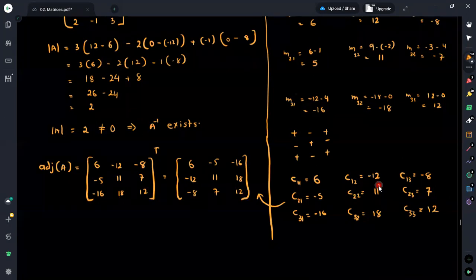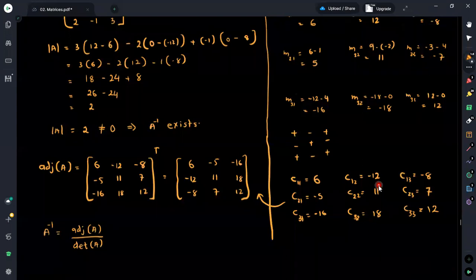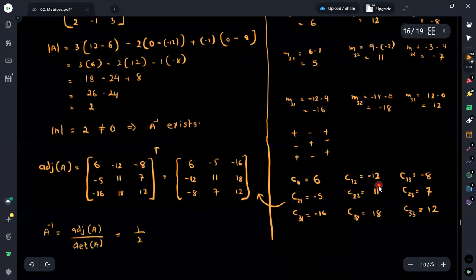Therefore, this is what we can take as the adjoint of the matrix. The inverse of the matrix A is simply the adjoint of the matrix divided by the determinant of the matrix. We have already identified the determinant as 2. Therefore, this can be taken as 1 over 2 times 6, minus 5, minus 16, minus 12, 11 and 18, minus 8, 7 and 1.